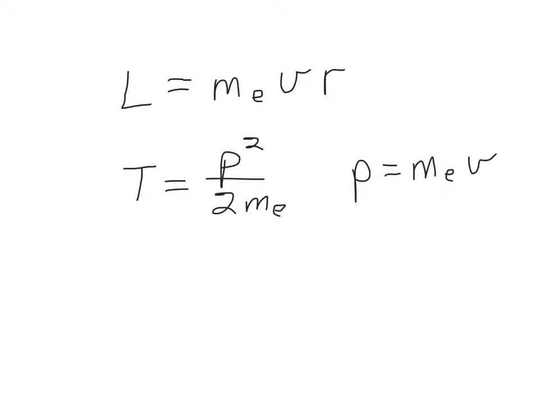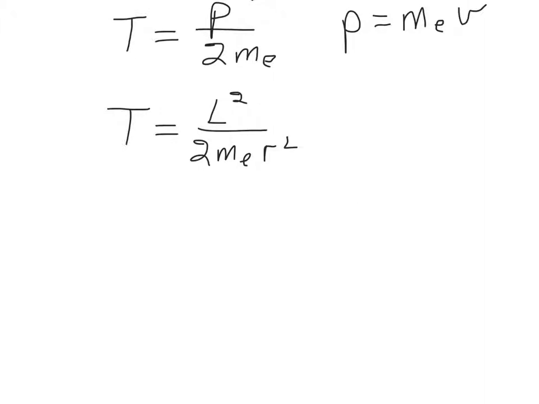Now you can pretty easily show, and I'll just leave it to you to show, that this is equivalent to writing T equals L squared over 2 me r squared. This me r squared is sometimes called the moment of inertia, or I. We typically don't use that when we're talking about the hydrogen atom, but I will just mention this here. And T in terms of that is L squared over 2I.